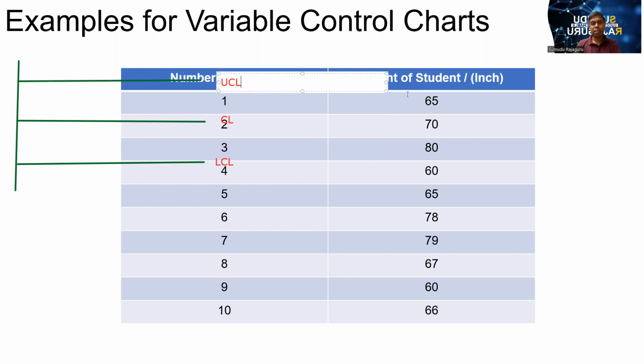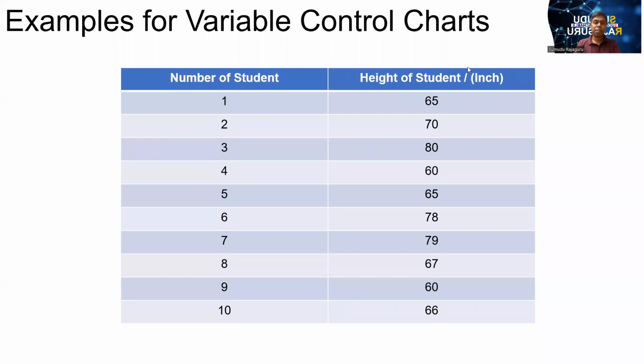We'll discuss that later. It is very important. First, we have to calculate the center line. This is the equation we can use. Center line equals summation of x divided by n. That is the same as the mean.